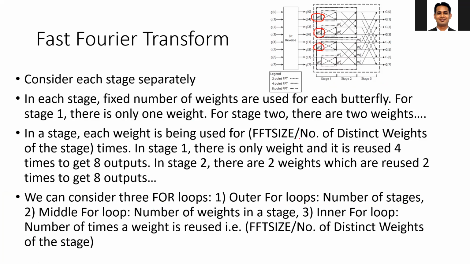For example, for stage 1 there is only one weight, so the for loop will have only one iteration. In stage 2, you will have 2 weights, so there will be 2 iterations. So the number of iterations is equal to the number of weights in a stage. In stage 3, you will have 4 iterations of the middle loop, because there are 4 weights. So this will be our middle for loop.